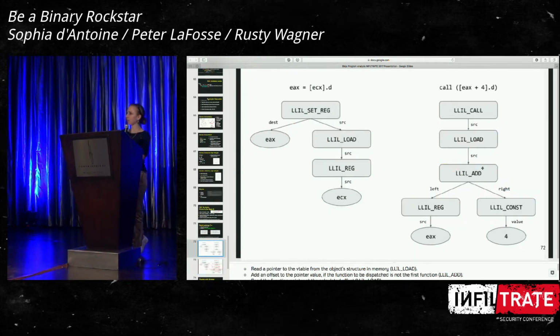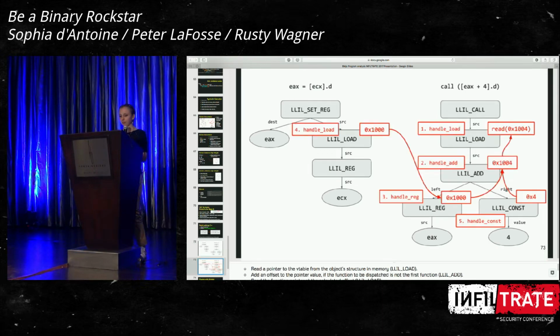It basically recurses back from areas where there's a call to a variable, and finds where that EAX, for instance, here is loaded, where that 4 is added to, and you can trace that back to the area where the address of the function that it's calling is, and that's what it looks like recursively. You can do all of this using the Binary Ninja API and write a script for it.